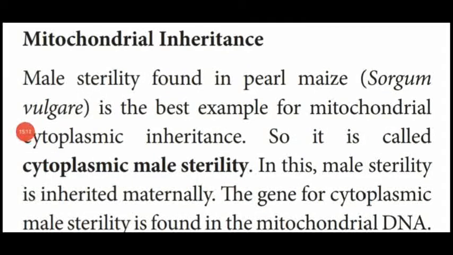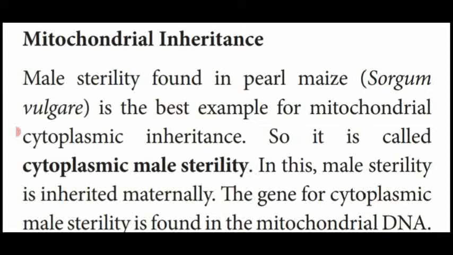Dear students, in the previous inheritance, we have seen chloroplast inheritance in Mirabilis jalapa. It contains two variegated leaves, dark green and pale green. First, the pale green plant acts as the male and pollen is transferred to the female dark green plant.